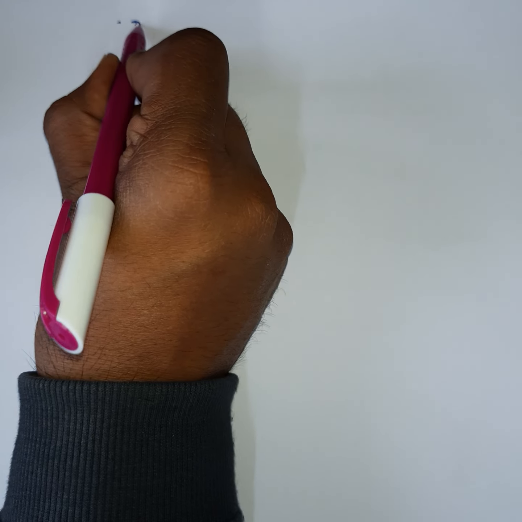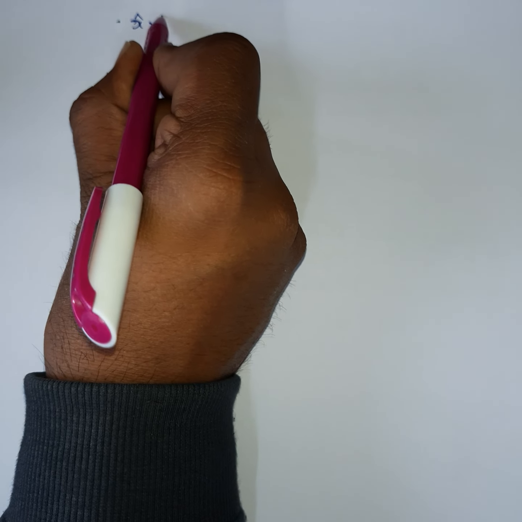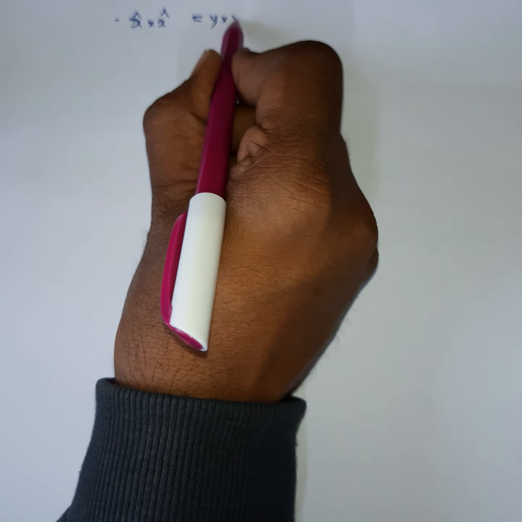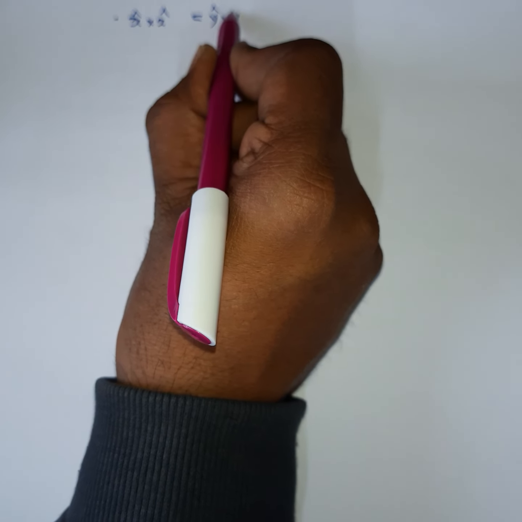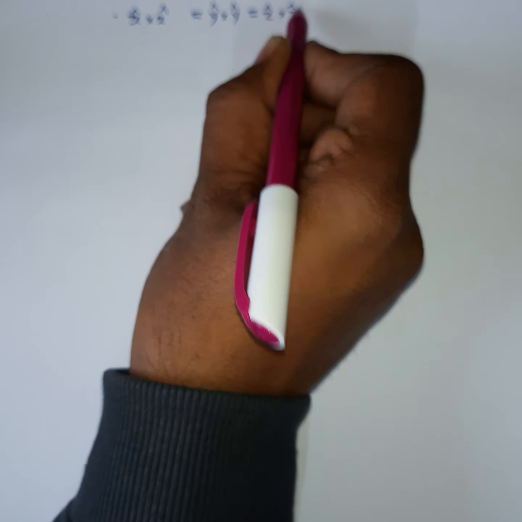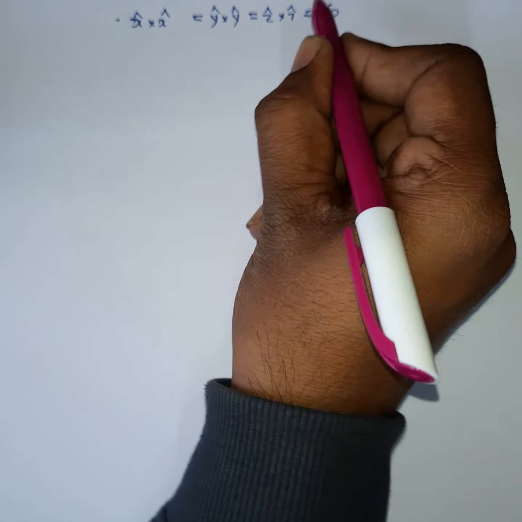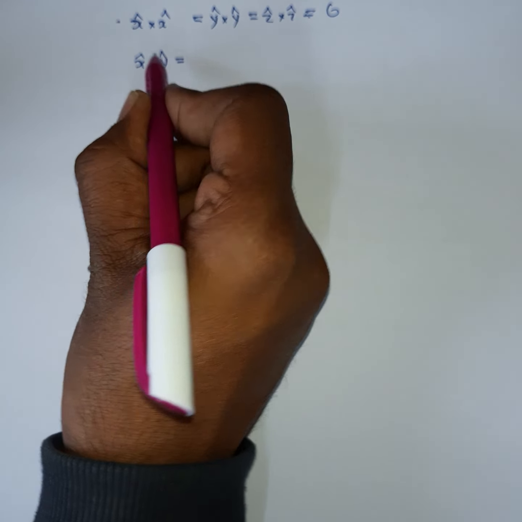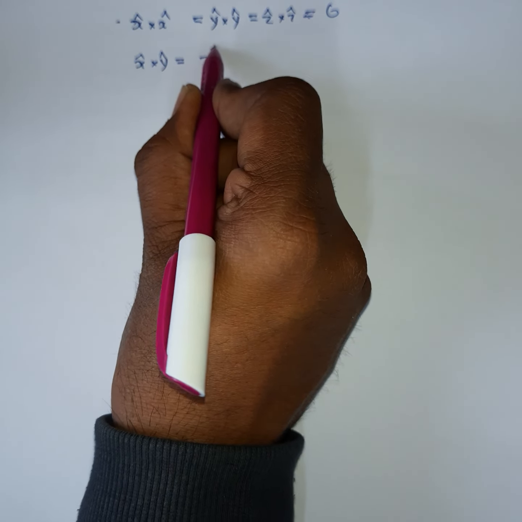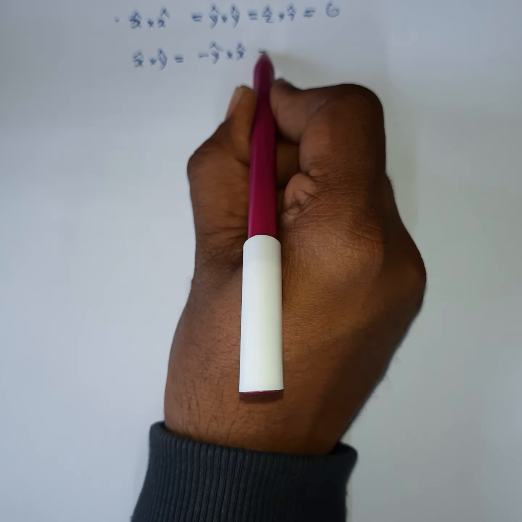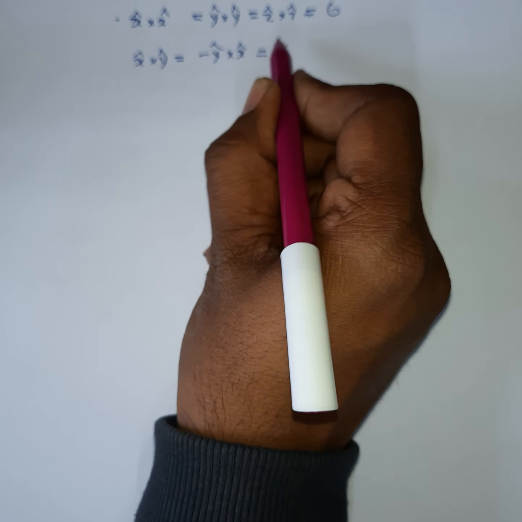Similarly, you can show that x cap cross x cap, because the angle between these unit vectors is 0, so z cap cross z cap will be 0, and x cap cross y cap is equal to minus y cap cross x cap, and it will be equal to z cap.